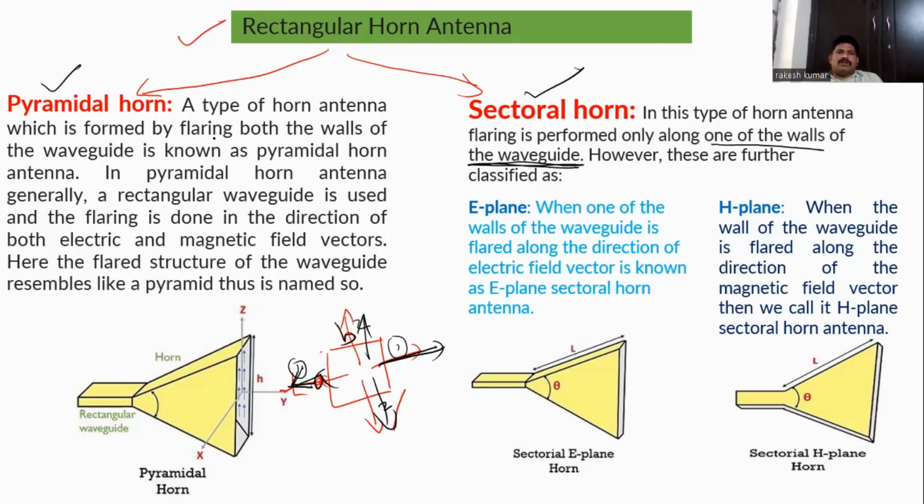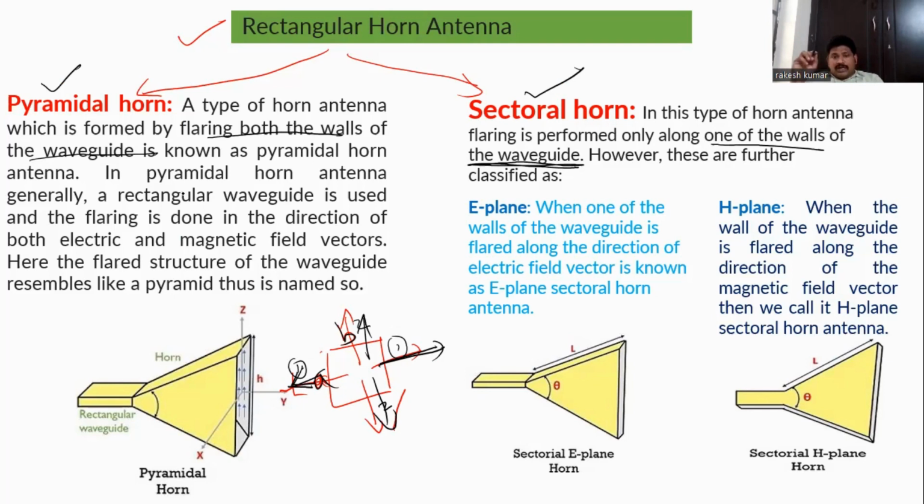Pyramidal means the flaring is done on both walls of the waveguide, and then we call the rectangular horn antenna pyramidal. Is it clear? If the flaring is done on only one wall, we call it a sectorial horn antenna.